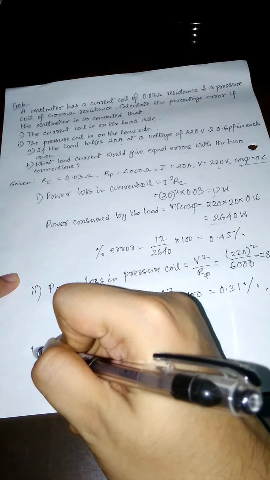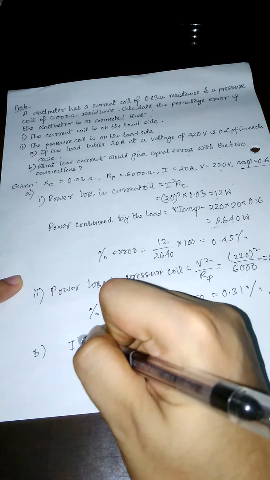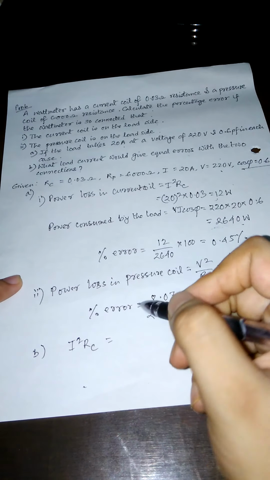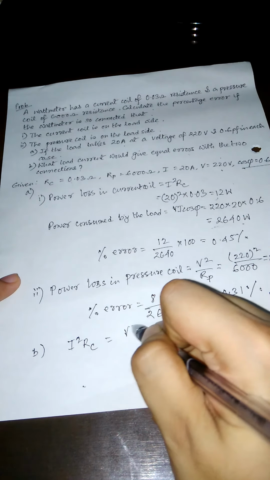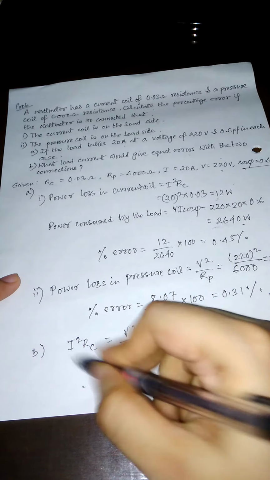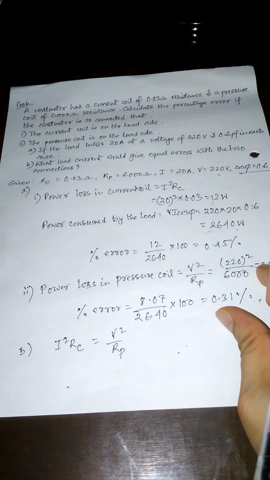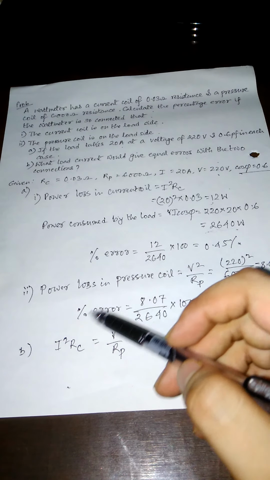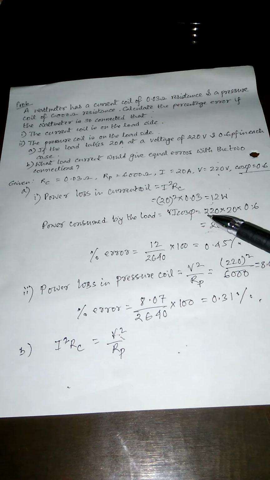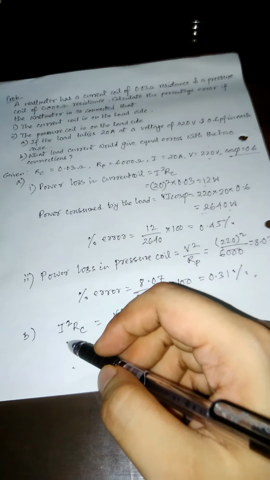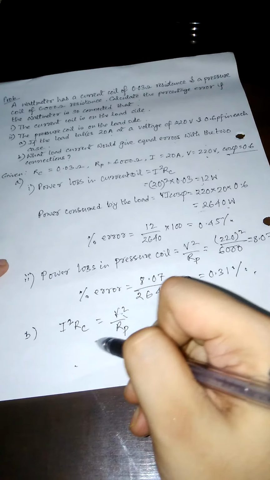This is the B part of our problem, and the previous was the A part. So I square RC, the current coil power loss, equal to the voltage coil power loss, V square by RP. When these are equal, the two errors are equal, so from here we have to find this I.